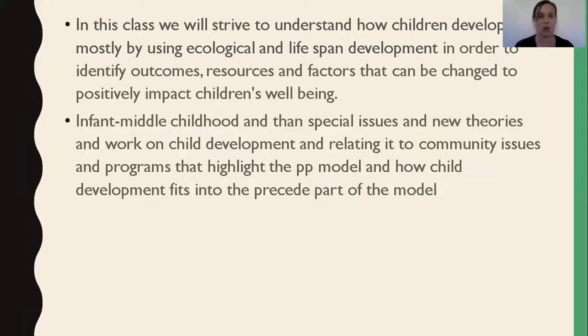So once again, we're striving to understand how children develop by mostly using the ecological and lifespan development in order to identify outcomes, resources, and factors, that's that PP model, that can be useful to positively impact children's well-being.